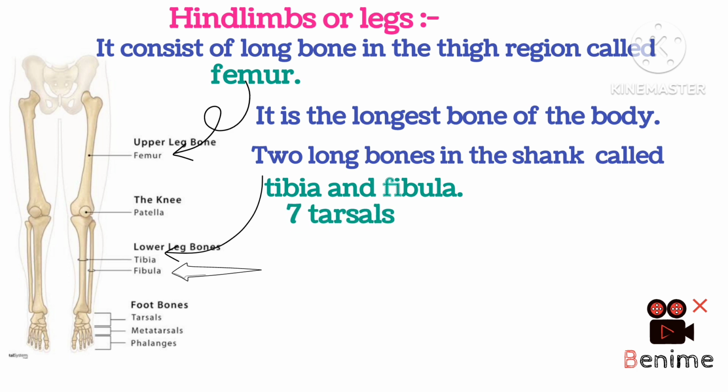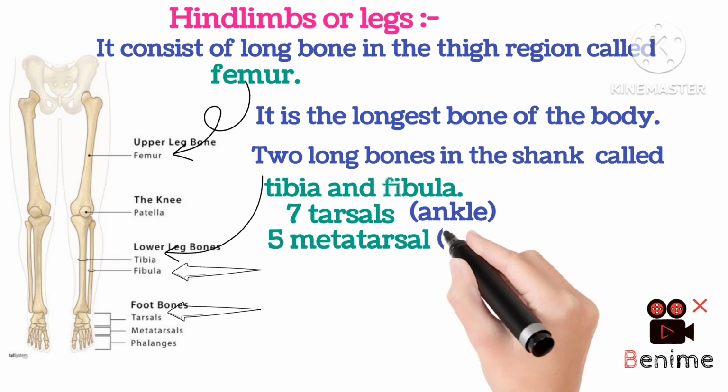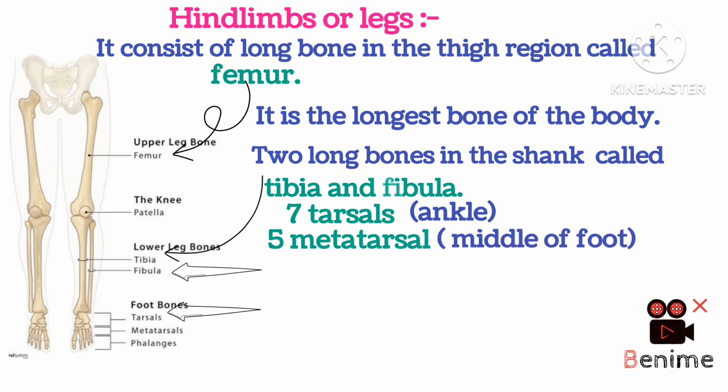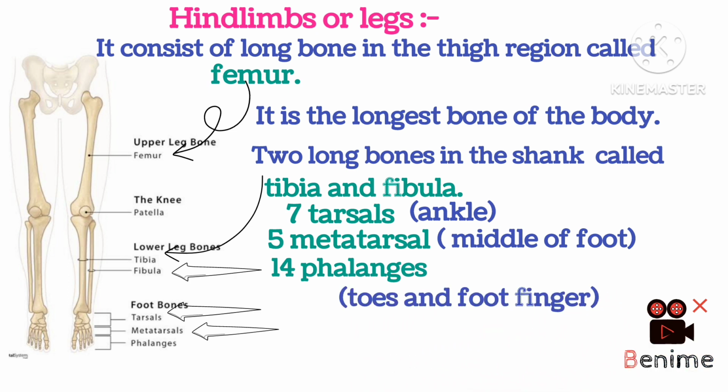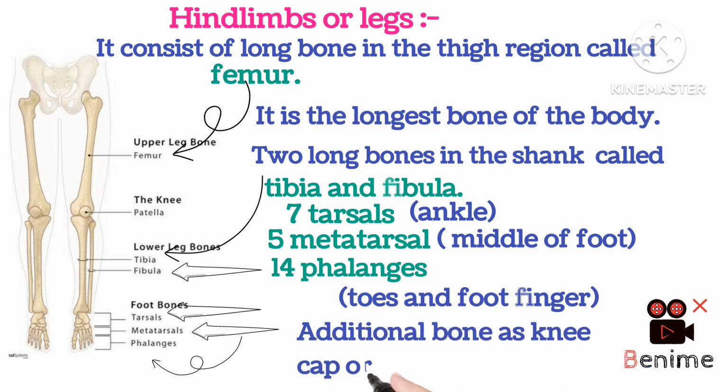Seven tarsals in the ankle region, 5 metatarsals in the middle of the foot, 14 phalanges, the toes or foot fingers. Additional bone is the kneecap or patella.